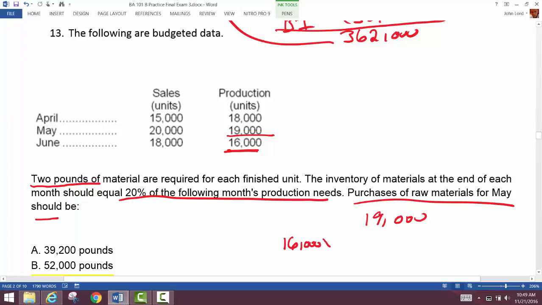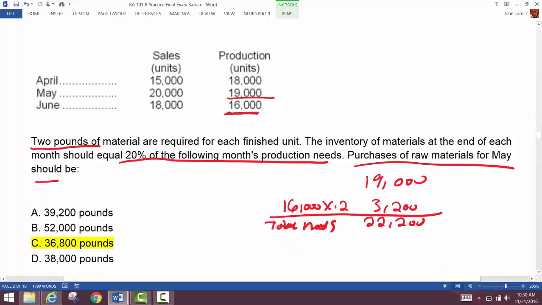So 16,000 times 0.2 means that I want to have an ending inventory of 3,200 units. Okay. Then what? Let me just do my subtotal here. That's my total needs. Total needs is, what's that, 22,200?